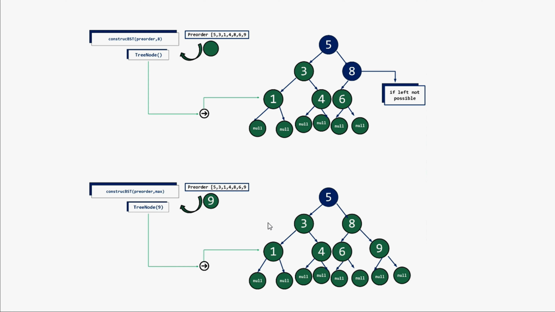Since 9 is greater than 8, it qualifies to be in the right subtree of node 8. So we create a node with value 9 and set it as a right child of node 8. Now we don't have any more elements in our preorder array. So this is the binary search tree we have constructed.